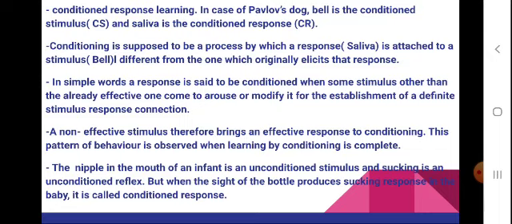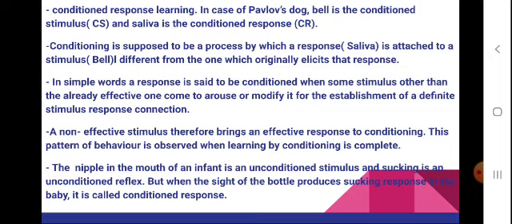Conditioning is supposed to be a process by which a response, here saliva, is attached to a stimulus, that is bell, different from the one which originally elicits that response. What was the earlier stimulus? That was the food.